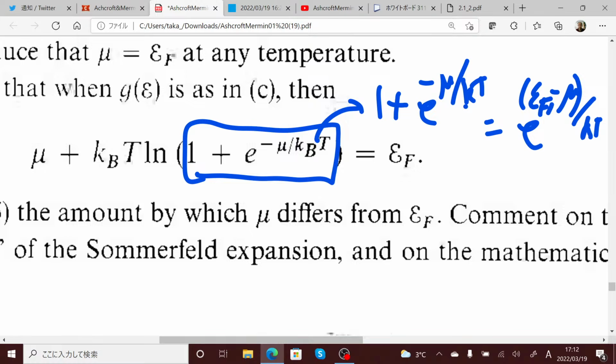So how do we do this? I don't know. Is this the correct formula?